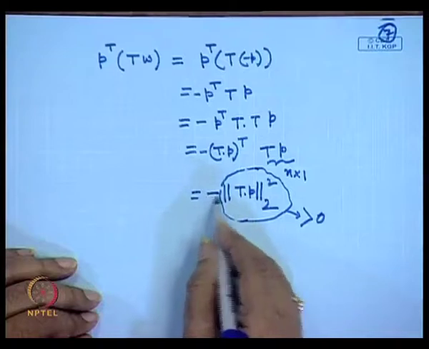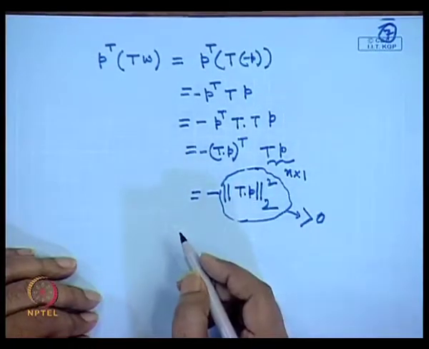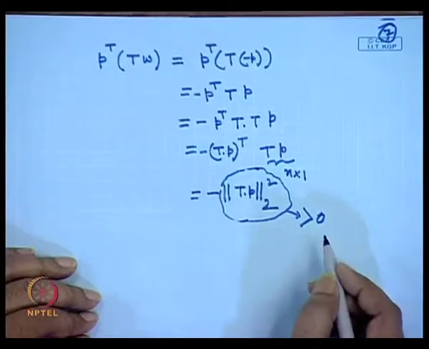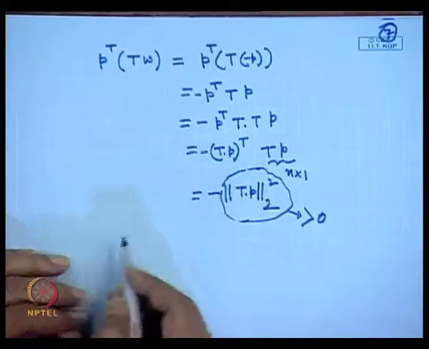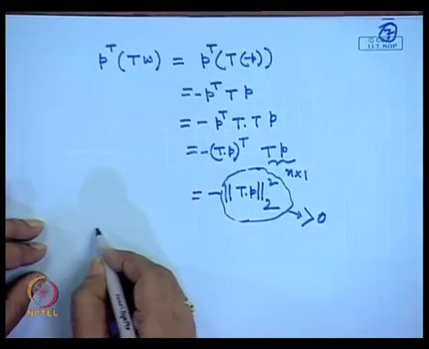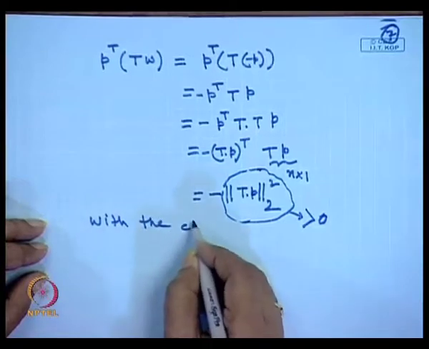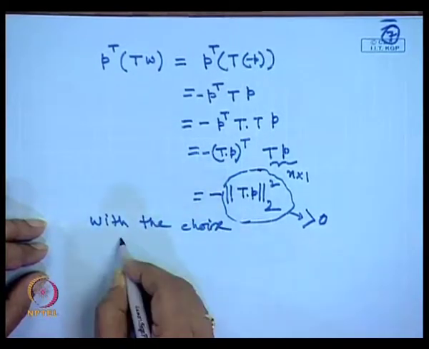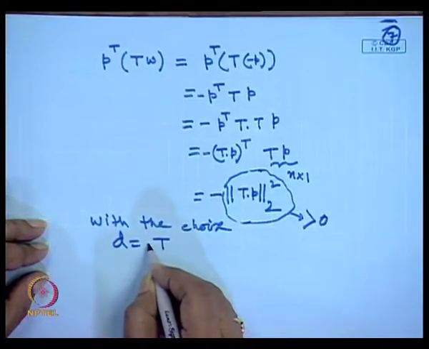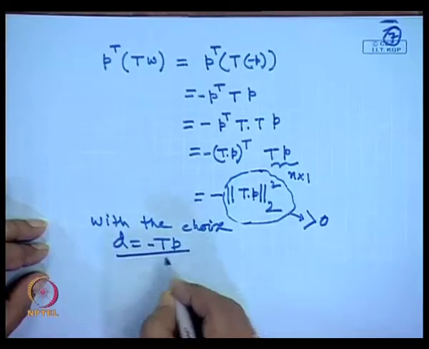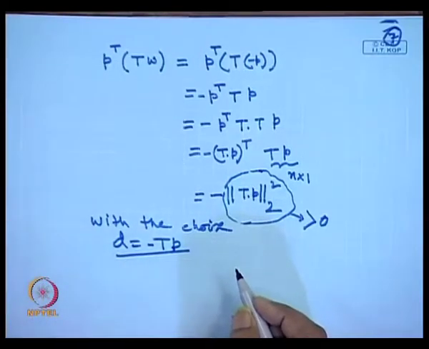When this is preceded with minus, this indicates that with the choice of p equal to w equal to minus p, that is, with the choice of d equal to t minus p, we are achieving the two objectives simultaneously.